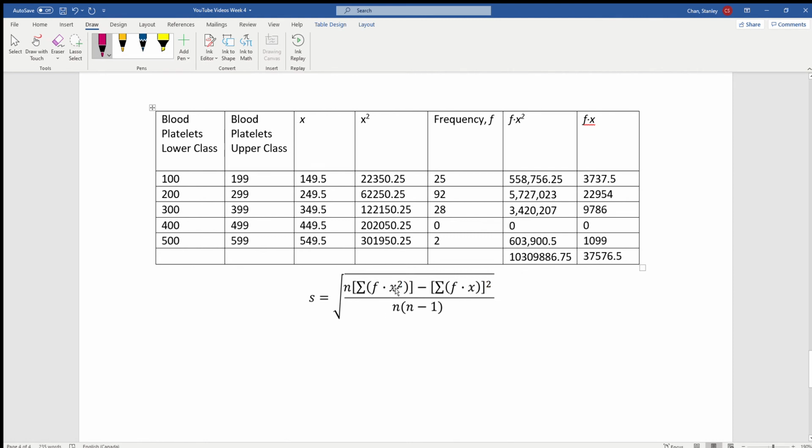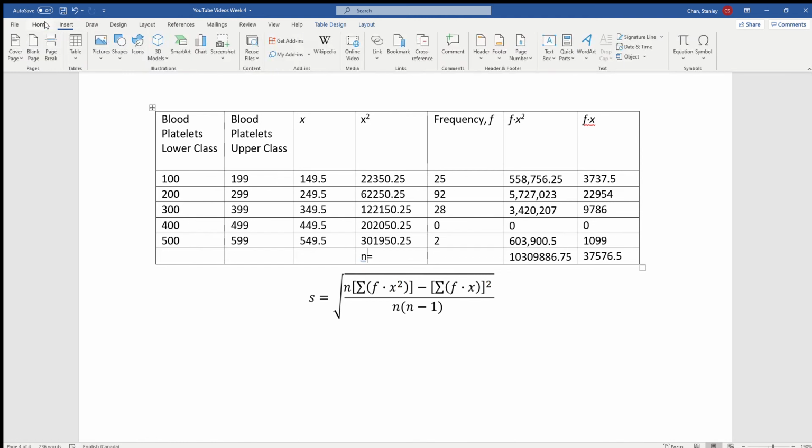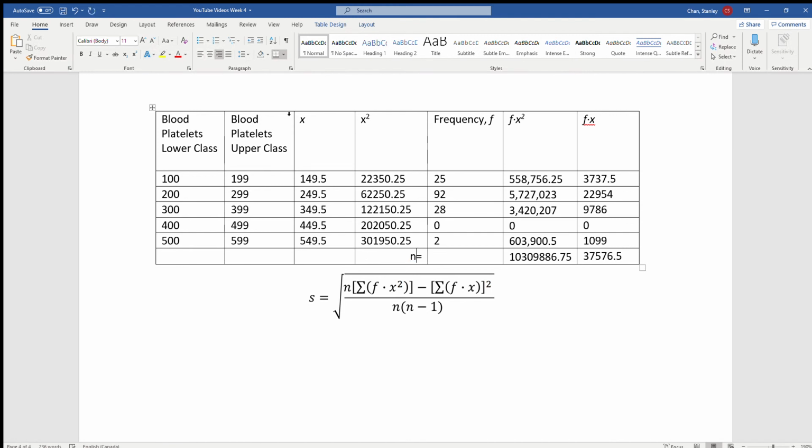Alright, and then our frequencies we need to add up to get n. n equals 25 plus 92 plus 28 plus 2 equals 147.